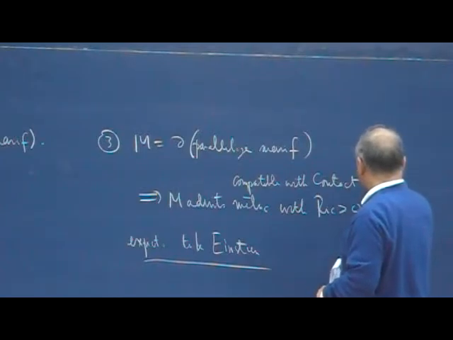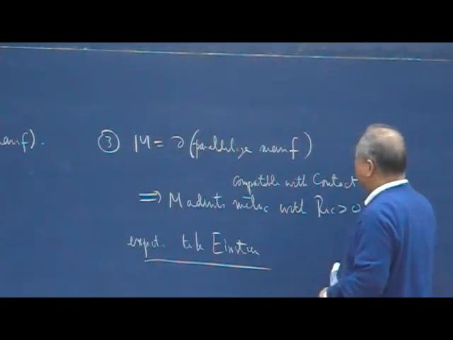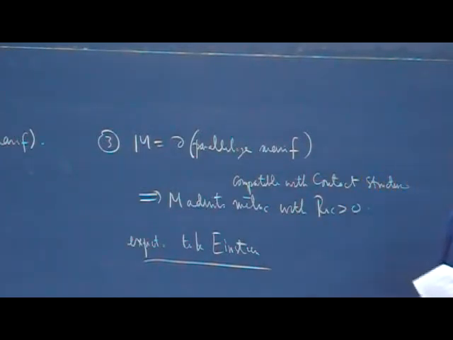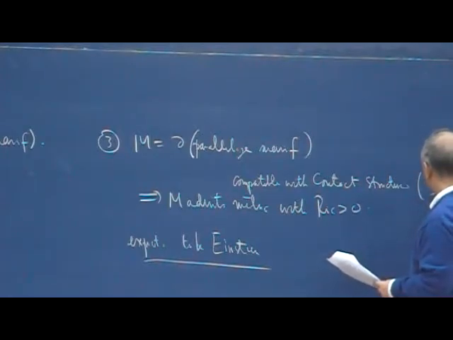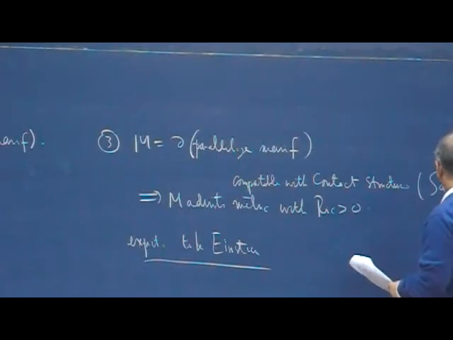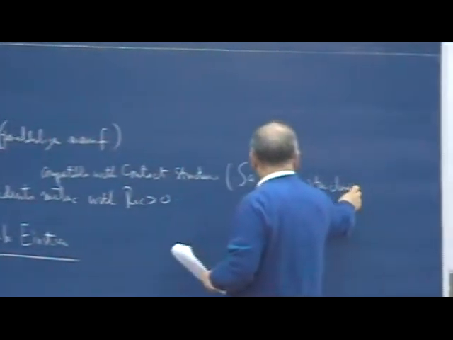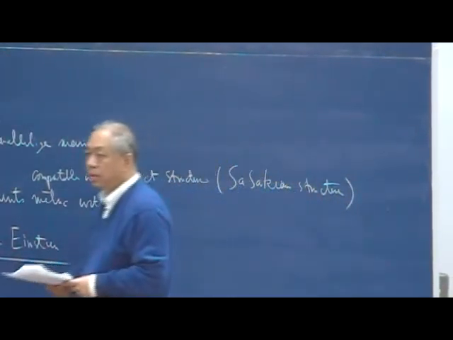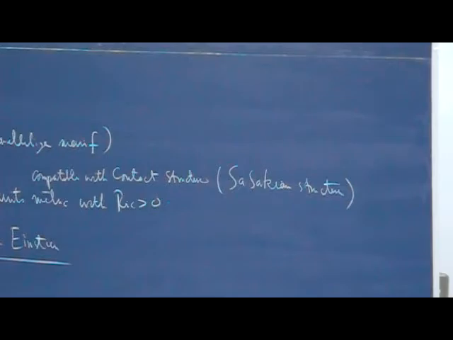There are an infinite number of contact structures on this manifold where the metric will be compatible with the contact structure. We call this structure Sasaki structure, which I shall discuss.